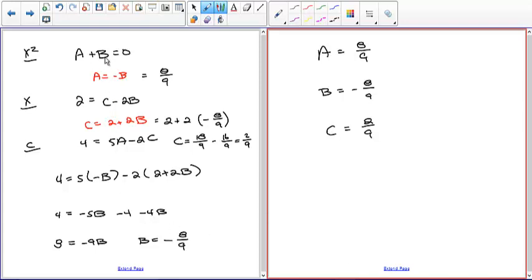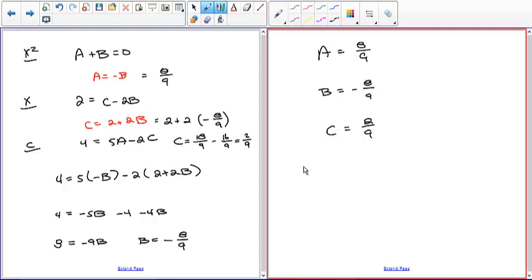What I did is I solved this for A, this for C, plugged it into this equation, multiplied it out, combined like terms, moved this to the other side, and solved for B, negative 8/9. Therefore A is positive 8/9, and C was 2 plus 2 times negative 8/9. I took 9 times 2, which is 18, so this is 18/9 minus 16/9, which is 2/9.